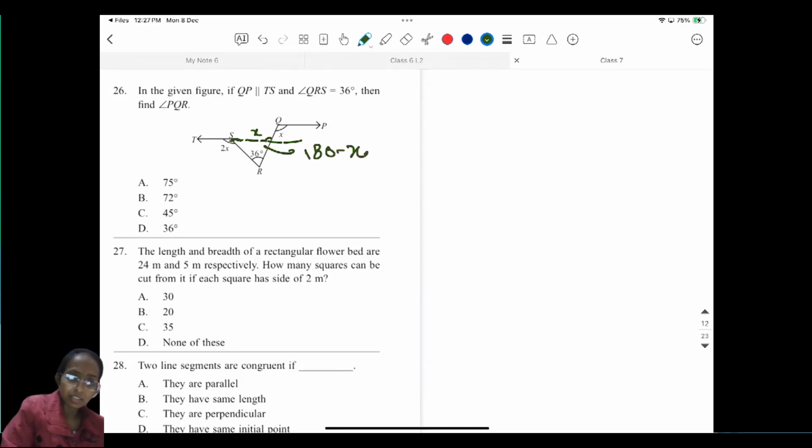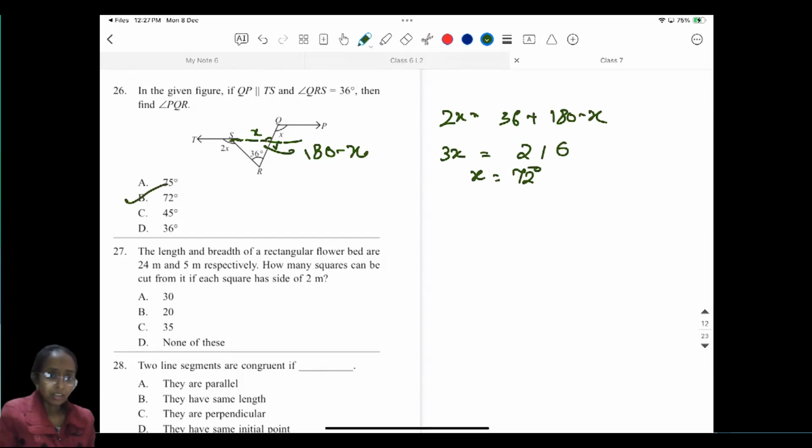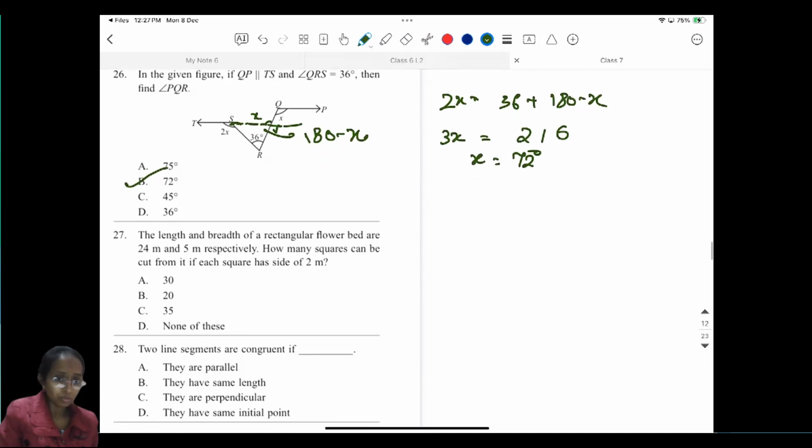Now 2x is the exterior angle for this triangle SRV, let us assume. So angle 2x is equal to 36 plus 180 minus x. Or we can have 3x is equal to 216. That means my x angle is 72 degrees. Now we need to find the value of angle PQR, which is x only, that is 72.